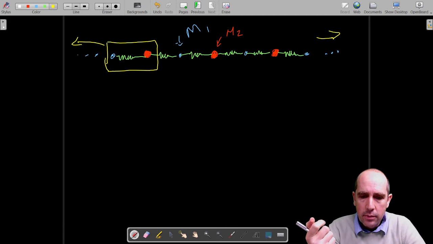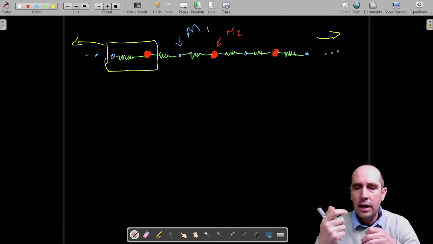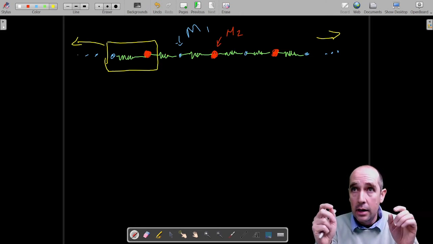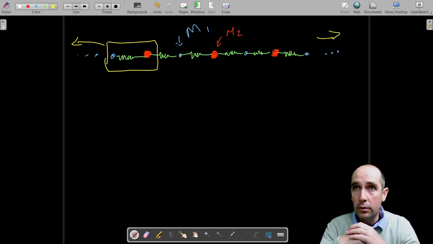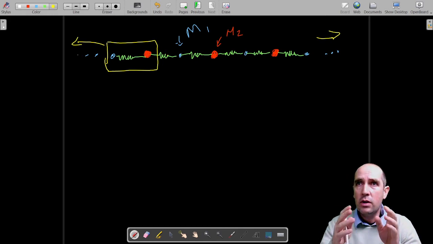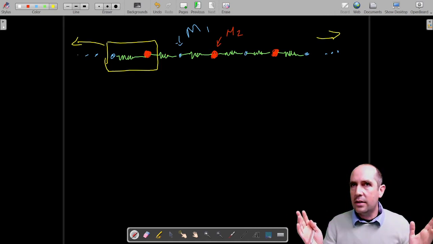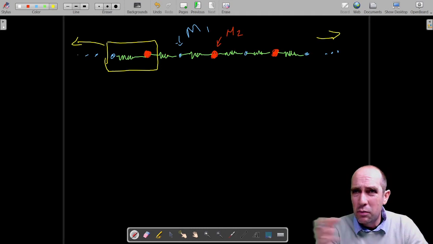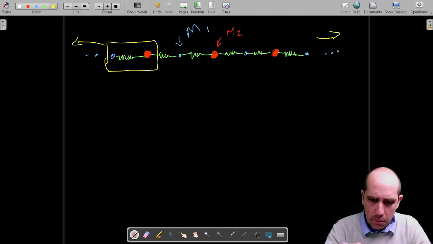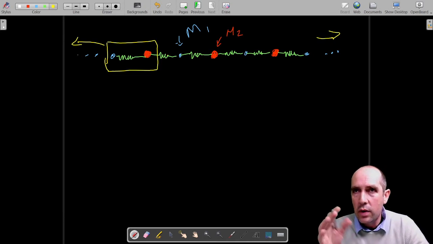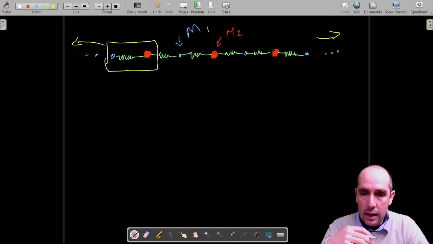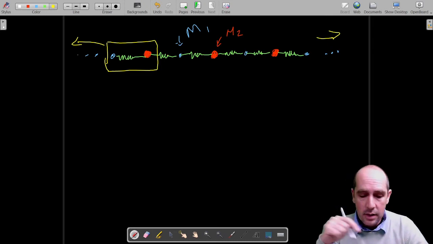And then what we have now is that regardless of in which specific atom or in which specific unit cell of the crystal you're standing, basically, if you look to the left or to the right, you essentially see the same. It's an infinite chain of atoms in both directions, so you cannot distinguish between one side and the next one. So more or less, it doesn't really matter if we are in the nth or in the n+1 or the n-1 site. The only thing that matters is the interaction between the atoms with the next neighbors, and that's it.